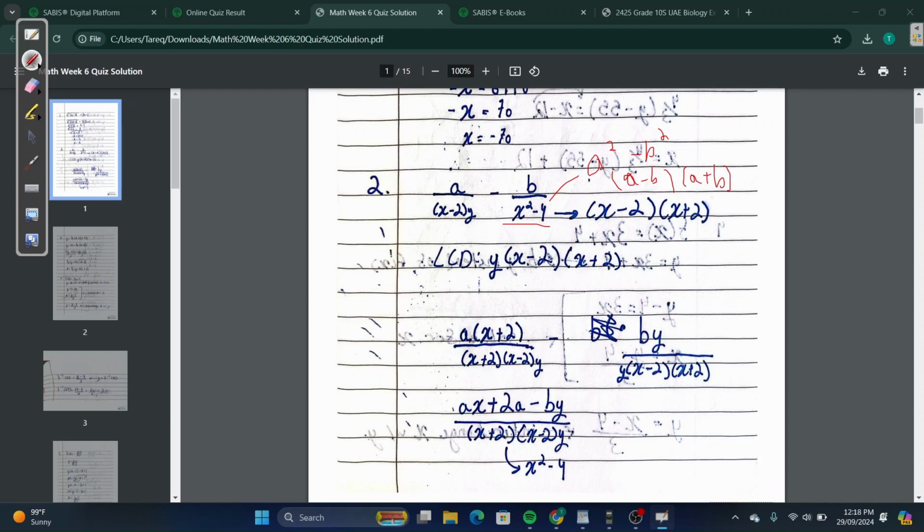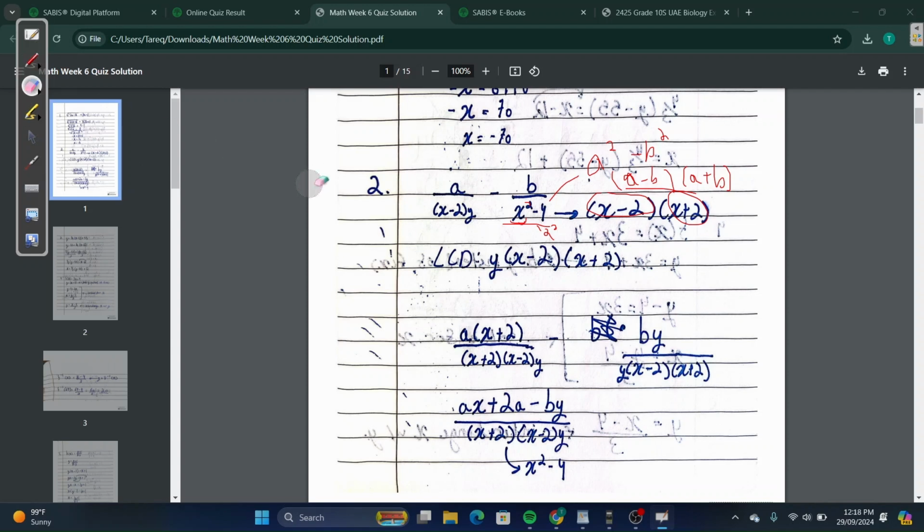Okay, so this means that here we have our x squared. Our x squared is our a term because it's squared, and 4 can be changed to 2 squared. So what you're going to want to do is put this as 2 squared. So now we have a squared minus b squared. So a minus b is x minus 2, which I wrote here, and x plus 2, which I wrote here.